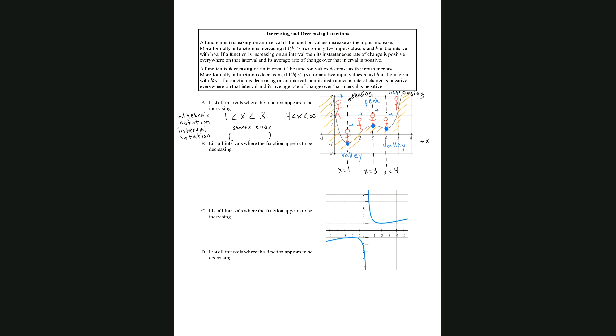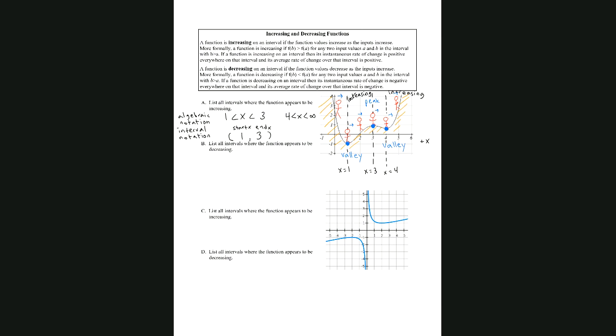So the start of our interval is at x equals 1, and then we stop walking uphill at x equals 3. Now, should we include the 1 and the 3? Some textbooks do, but I would say that most do not. I'm actually going to not include the valleys and the peaks as part of the interval of increase and decrease.